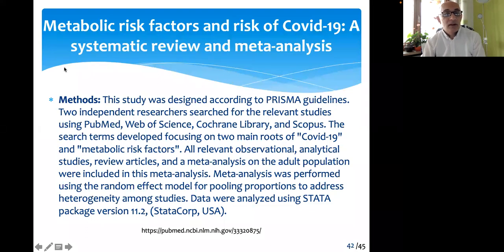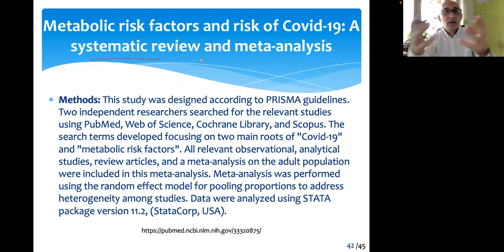One example title: Metabolic risk factors and risk of COVID-19, systematic review and meta-analysis. A systematic review and meta-analysis. So what you understand from this, you may have a systematic review without a meta-analysis, but this study did a systematic review.